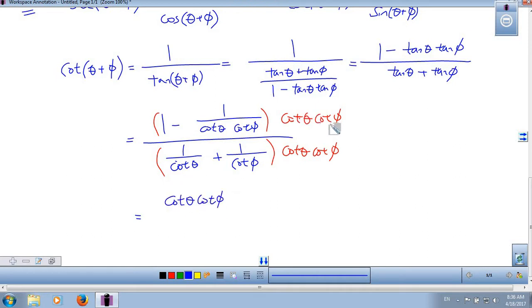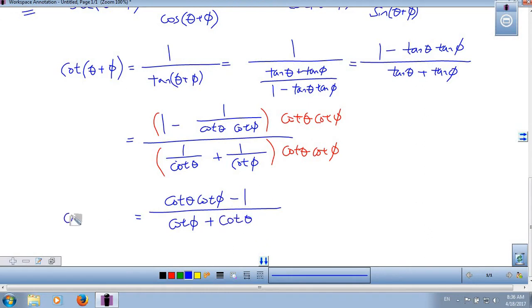But cotangent theta times cotangent phi times this expression will cancel it out, so it's just minus 1. In the denominator, you have cotangent theta times cotangent phi times 1 divided by cotangent theta, so it's cotangent phi, plus cotangent theta times cotangent phi times 1 divided by cotangent phi, so it becomes cotangent theta.